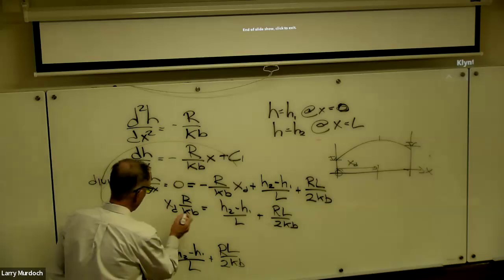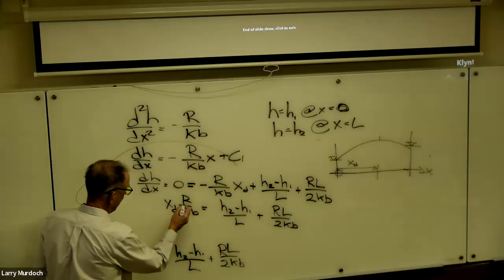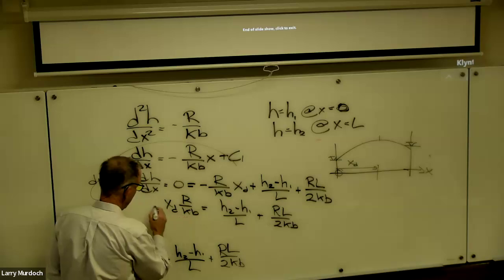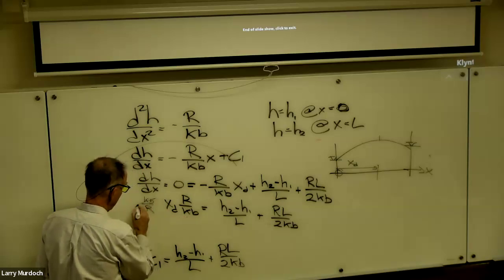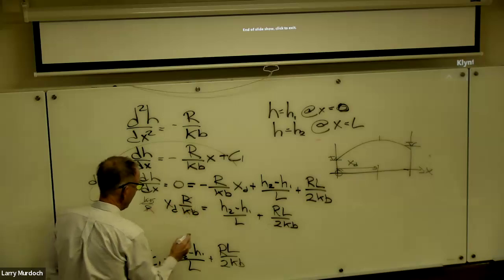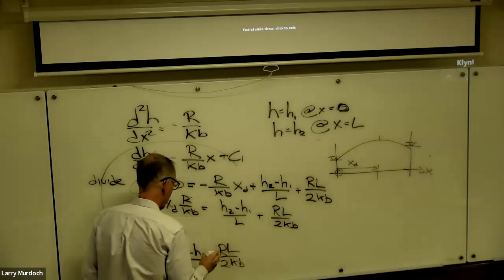And then I'm going to multiply both sides by K over R. So if I do that, this side can cancel out.